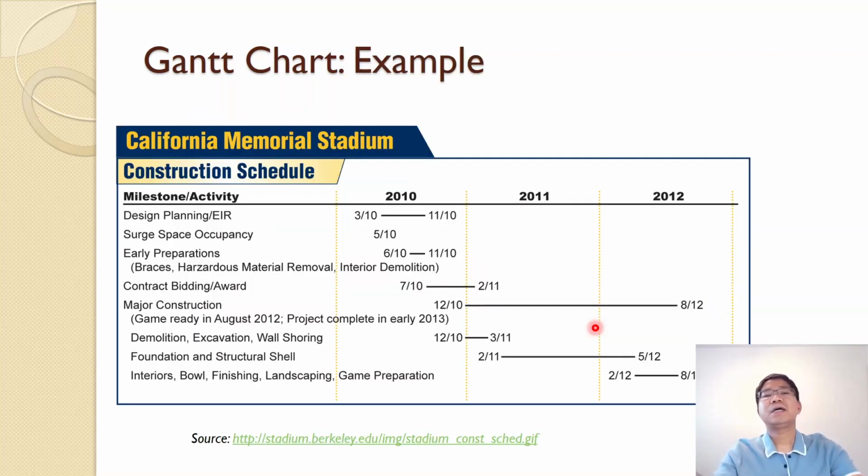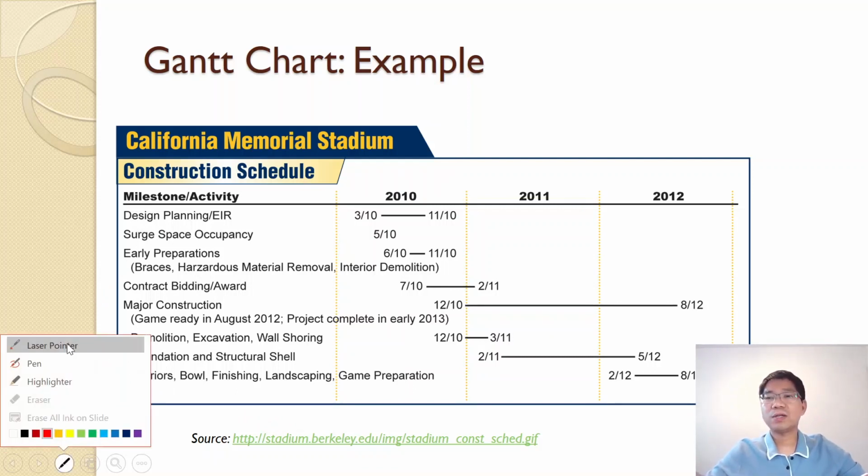And this is an example of a bar chart used in daily life, which, as you can see, I can access online. It shows the general public what the plan is. In this case, it is the construction schedule for the California Memorial Stadium, the project I just showed you in the previous lesson video about the work breakdown structure.